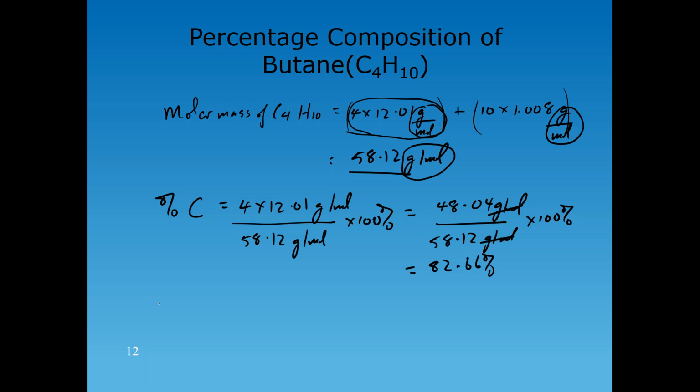And we do basically the same thing for hydrogen, right? So in the case of hydrogen, that would be 10 times 1.008 grams per mole divided by, again, the total molar mass, 58.12 grams per mole, and then multiply by 100%.